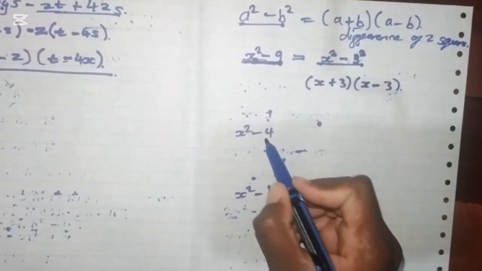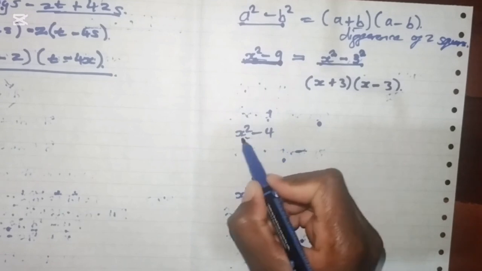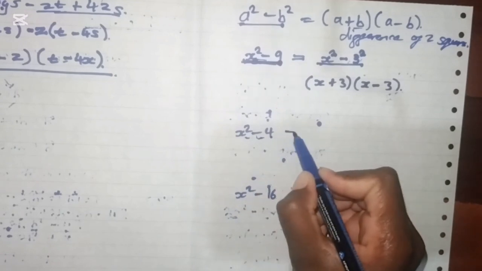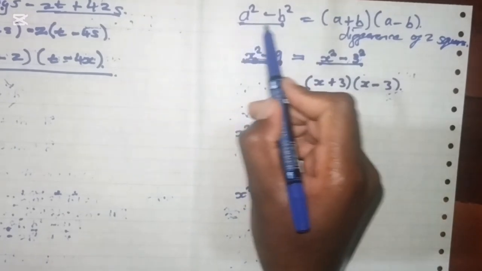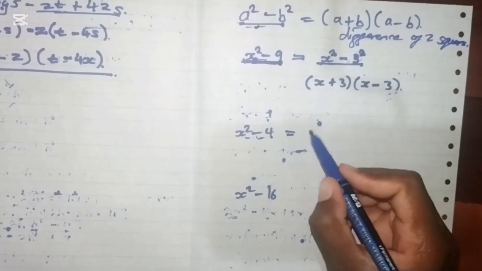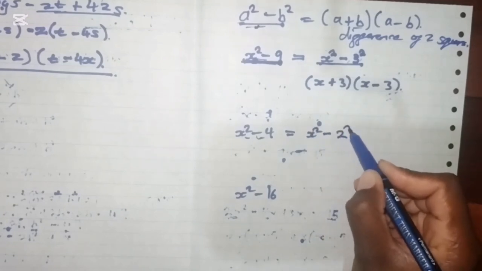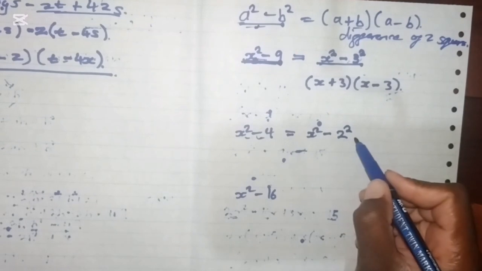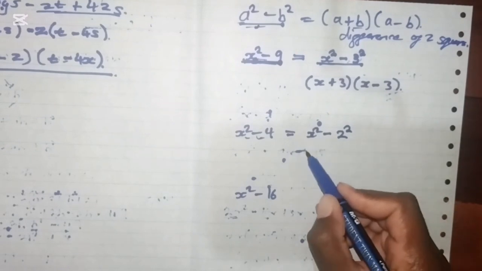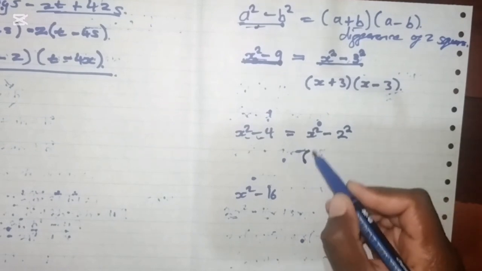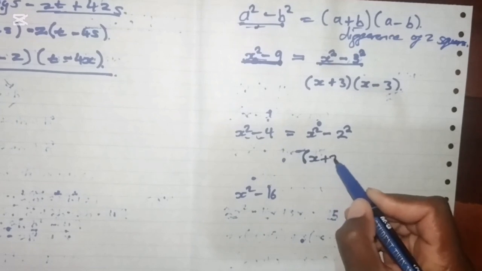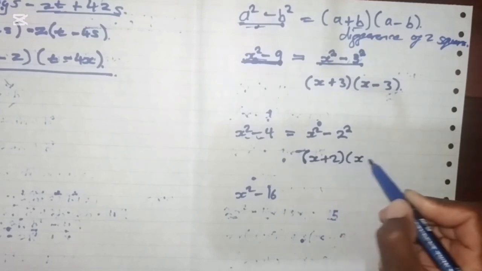Here's another one: x squared minus 4. First, again, let's try and write it in that form. It will be x squared minus 2 to the power of 2. And now we can factorize it using the difference of two squares. It will be (x plus 2)(x minus 2).